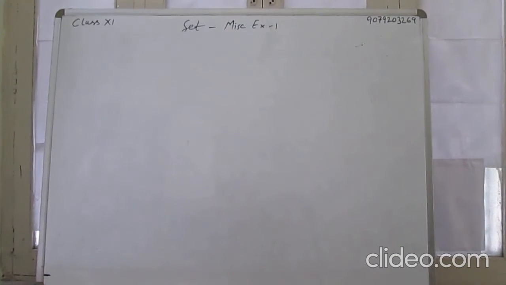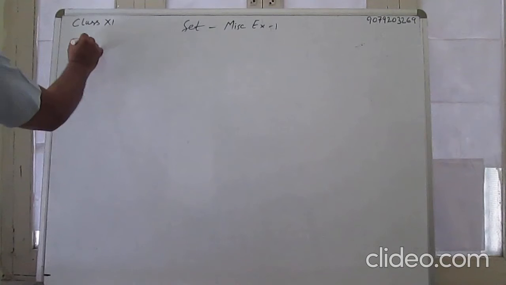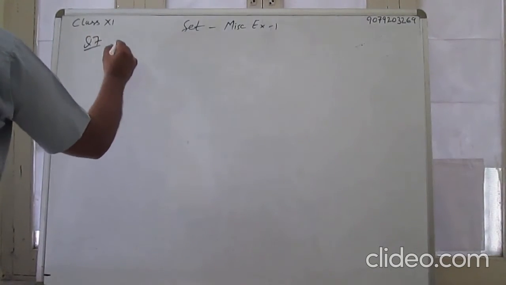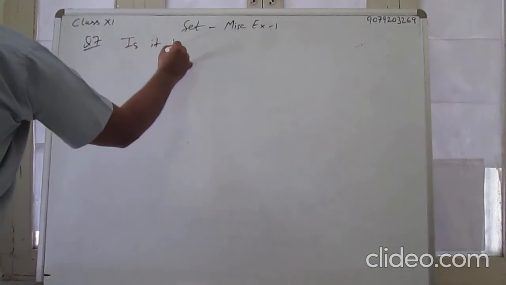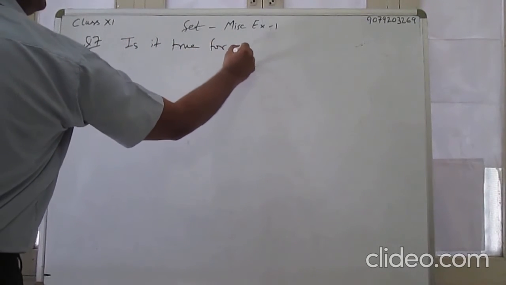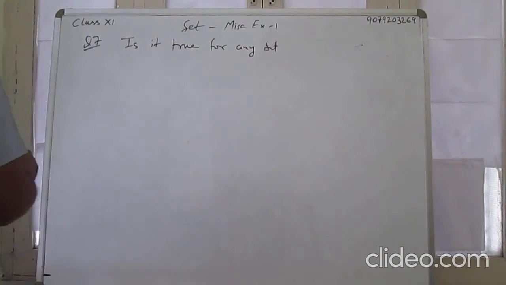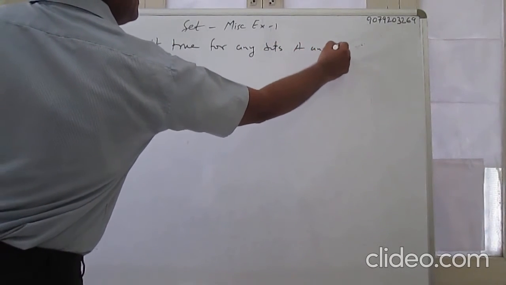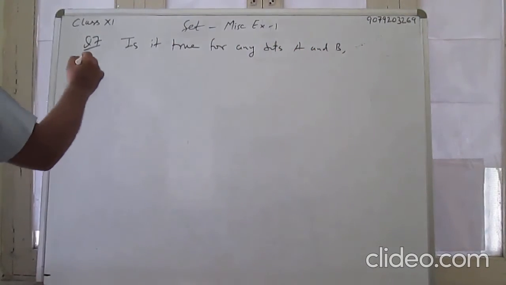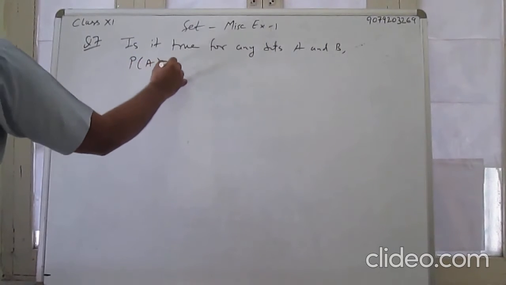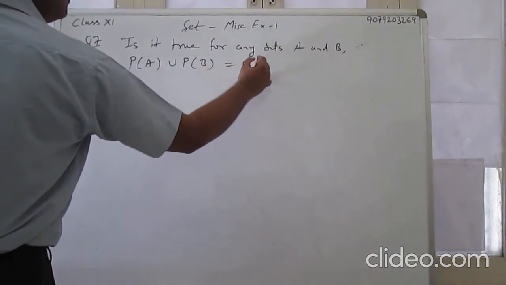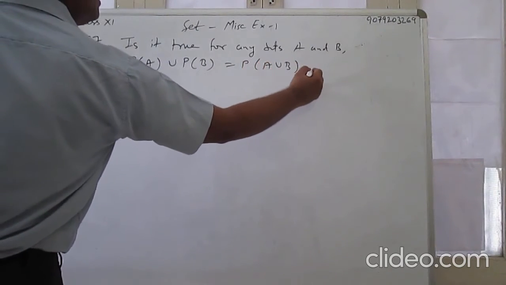Question 7. Is it true for any sets A and B that the power set of A union the power set of B is equal to the power set of A union B?